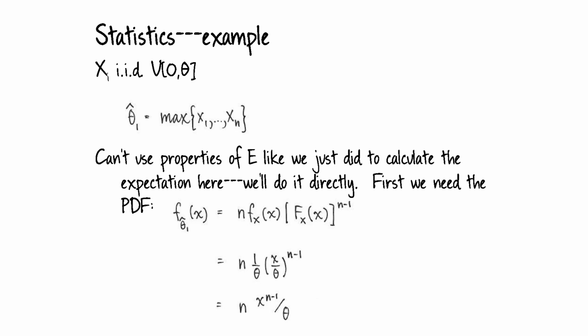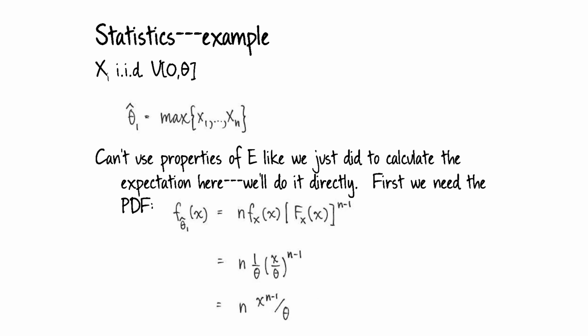Now, we have a specific distribution here, uniform 0 theta. So we'll plug in that specific PDF and the uniform CDF here, and then we get this. Okay? And then it just simplifies to this. Okay?